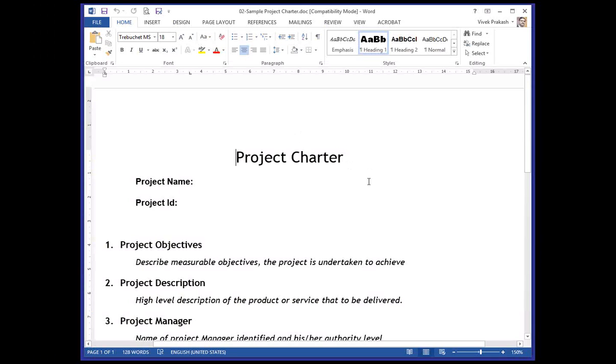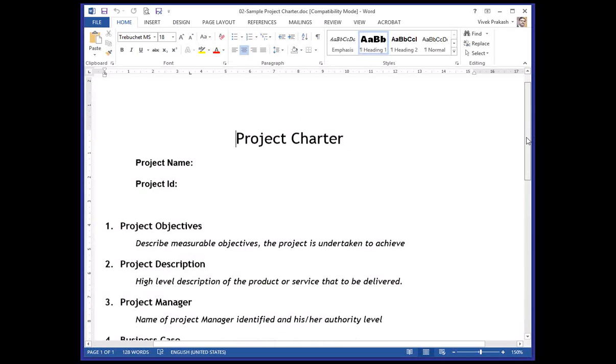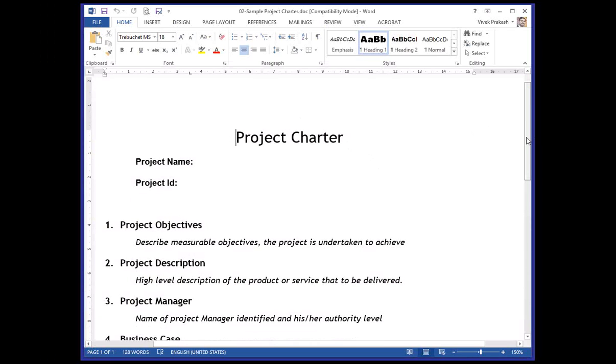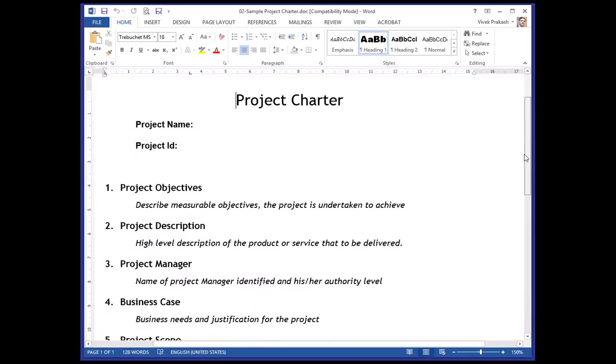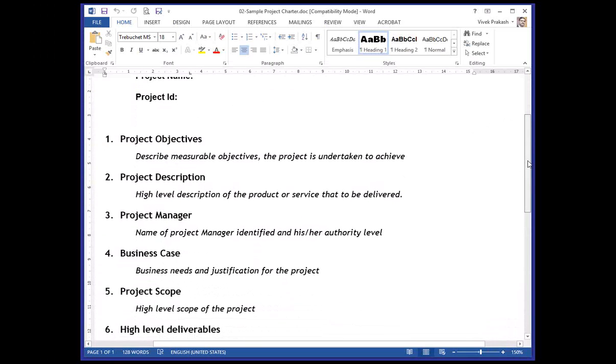This is a template for the charter. So what does it contain? This is just an example.